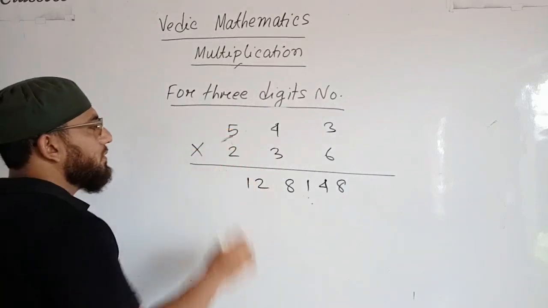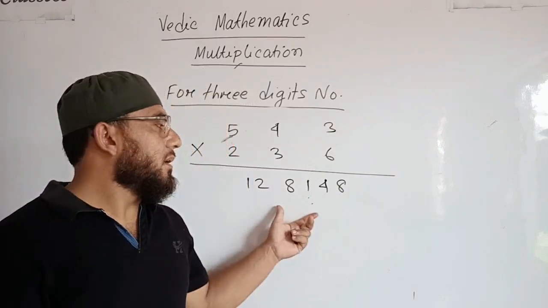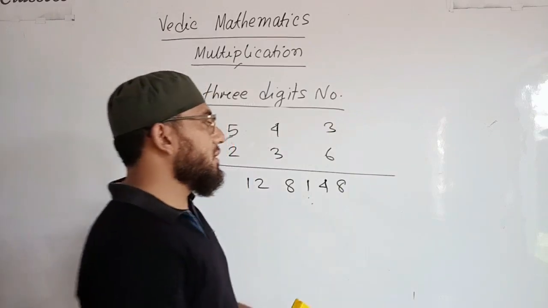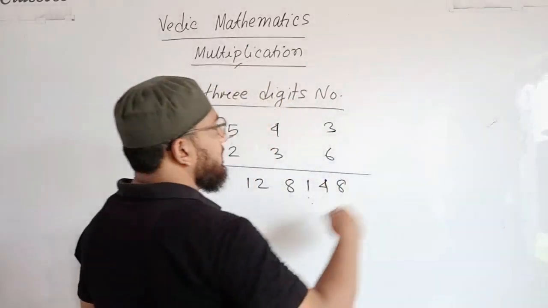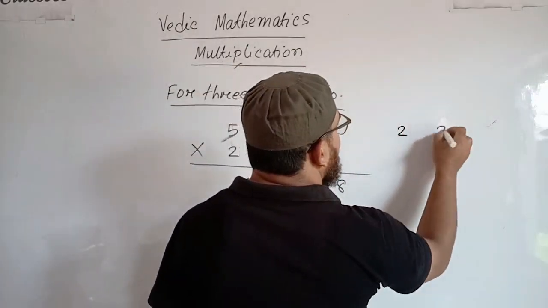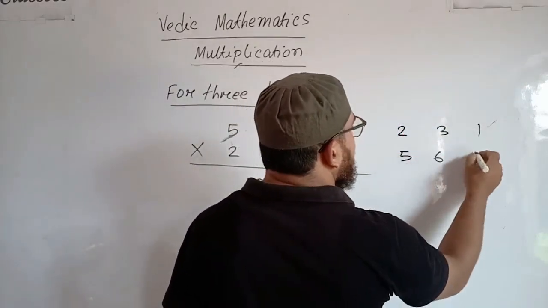Okay. So in this way you can multiply 3 by 3 digits using Vedic mathematics. So the last one. Take, so you have 5 6 7.